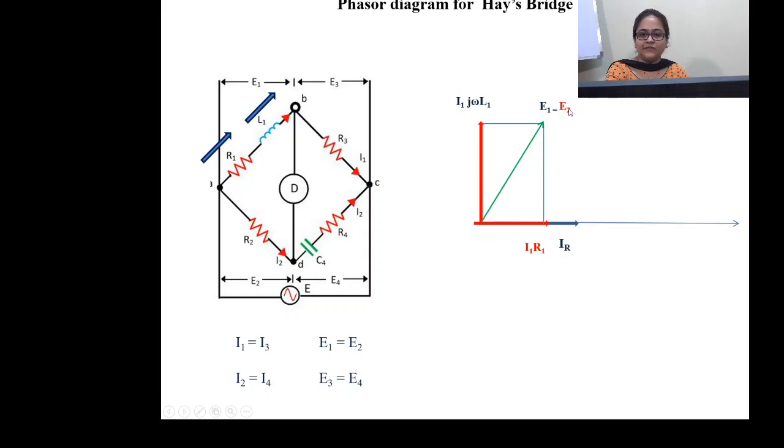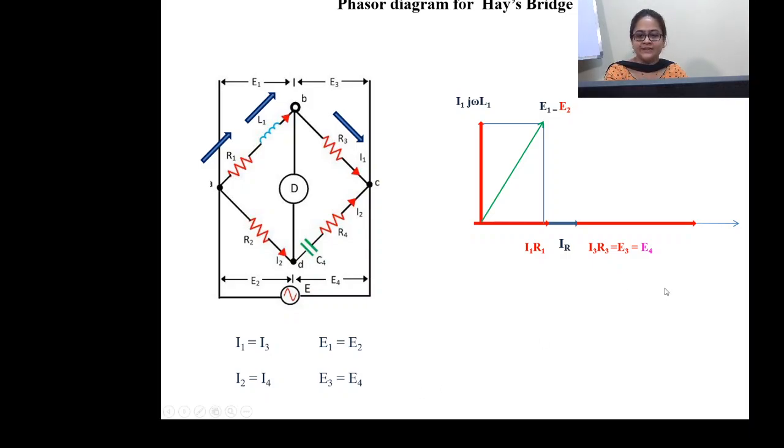Immediately write down E1 is equal to E2. We will not talk about E2 right now. We will move towards the third branch. For the third branch, the current across the third branch is same as I1, so it will be in phase. The resistor is connected across the third branch, so the voltage across the resistor will be in phase, represented by I3 R3, denoted by E3.